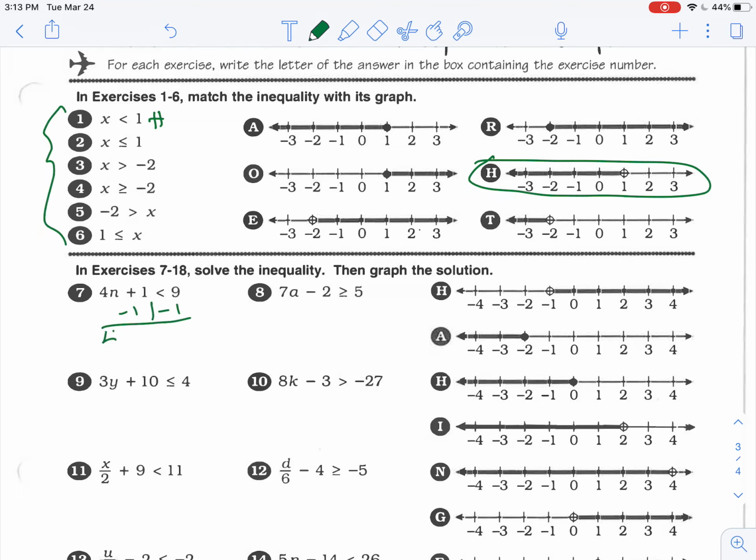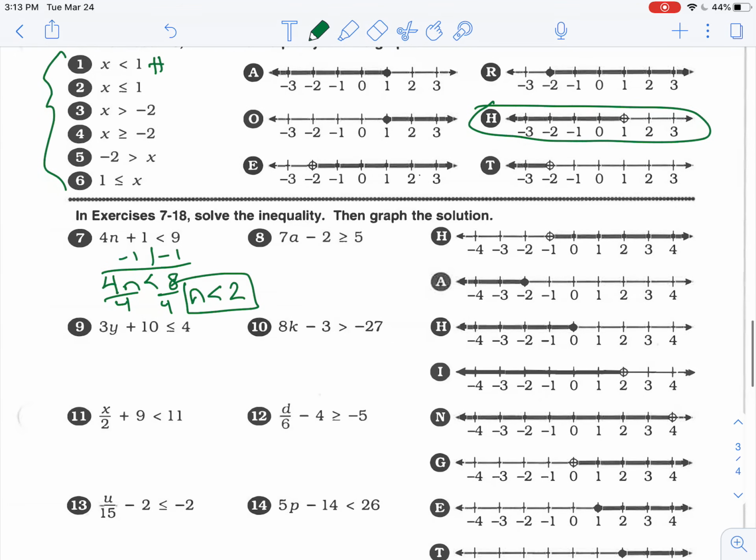For exercises 7 through 18, you need to make sure that you're solving the equation. If you have enough room to solve the equation right here, you can. Every time you have to think, does the inequality sign stay the same or does it change? And that's all dependent on whether or not you've multiplied or divided by a negative number. I need to see all the work.